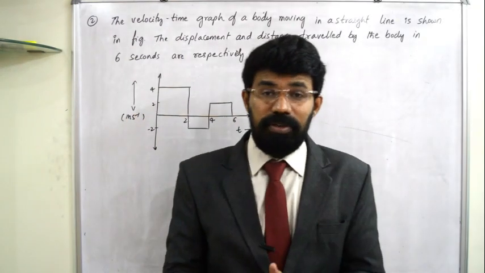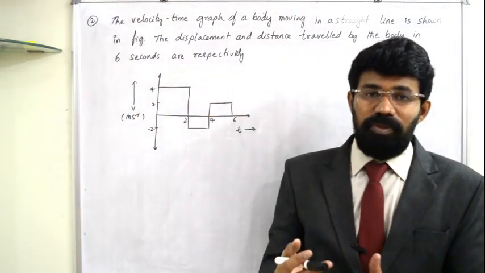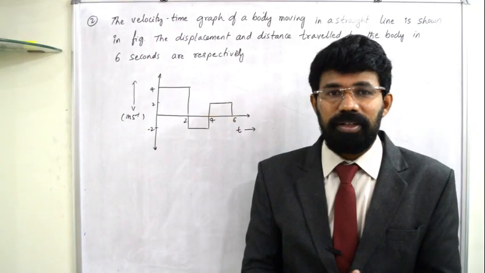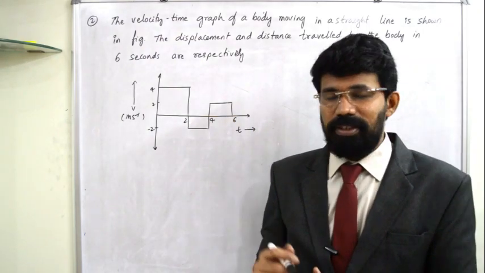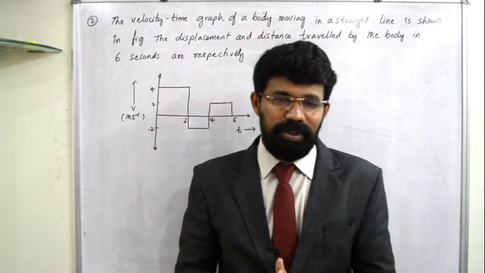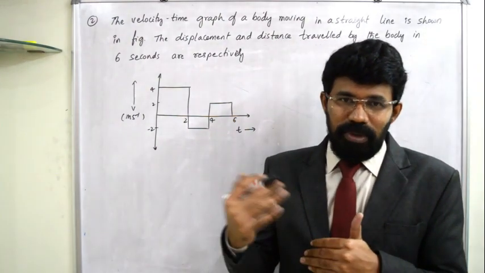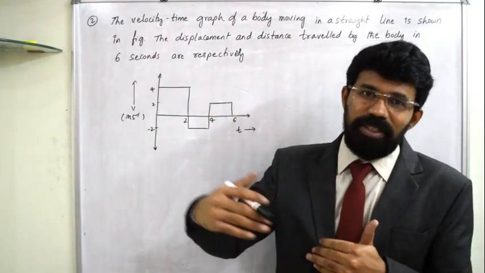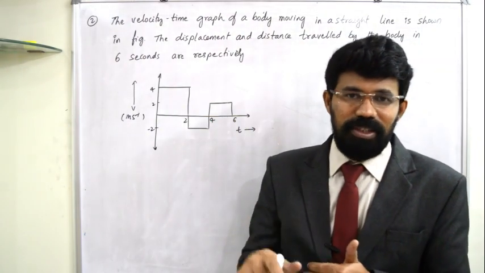So if you want to find out the displacement from a velocity time graph, what you have to do is calculate the area under the graph. And here he is asking about displacement as well as distance. The body is travelling along a straight line only. If, without turning back, the body continuously travels along the same direction, then displacement and distance both will be the same.